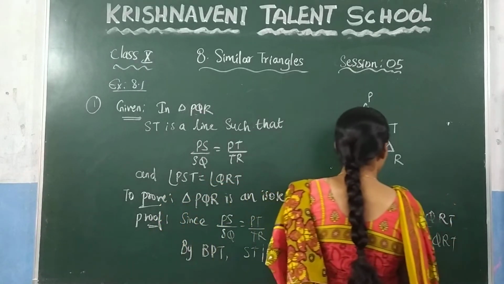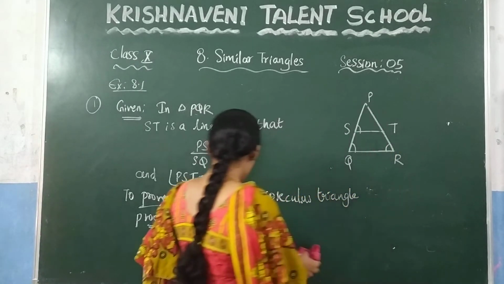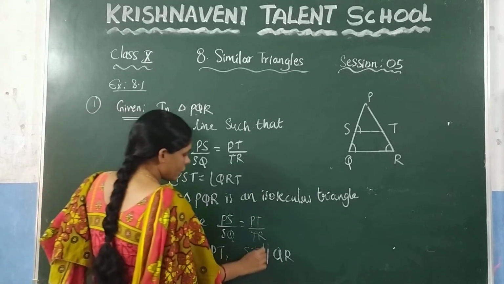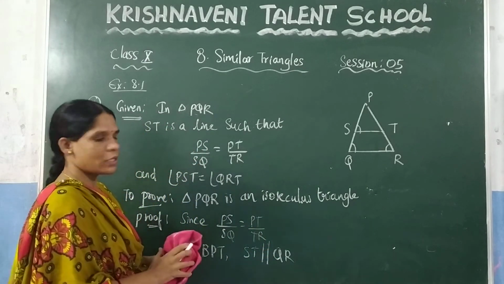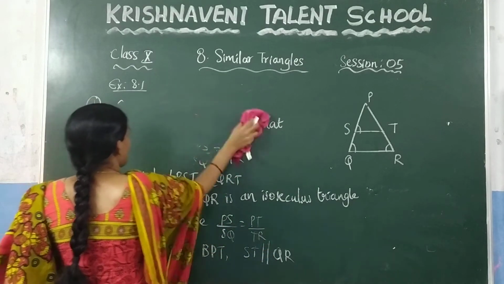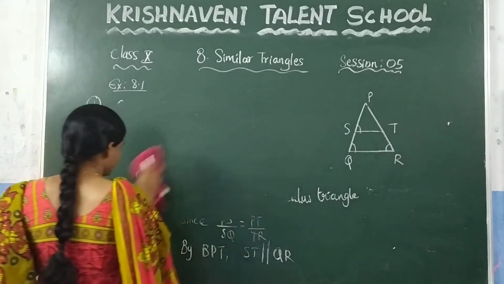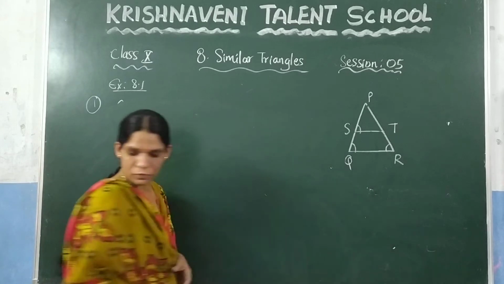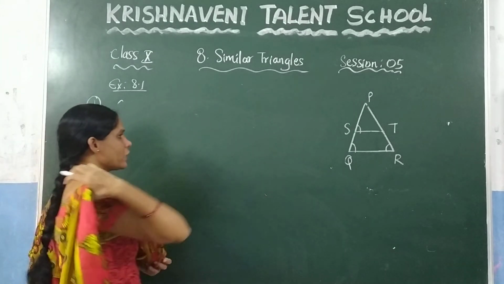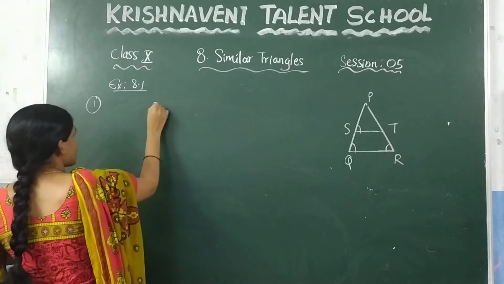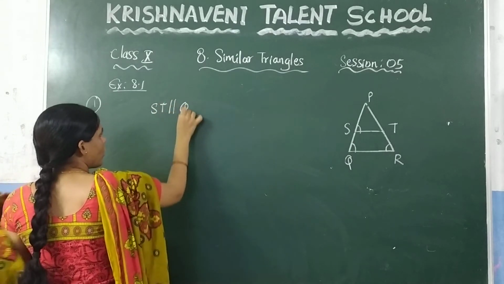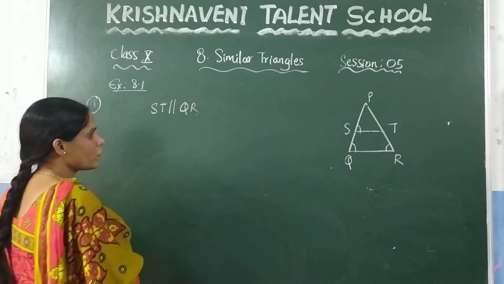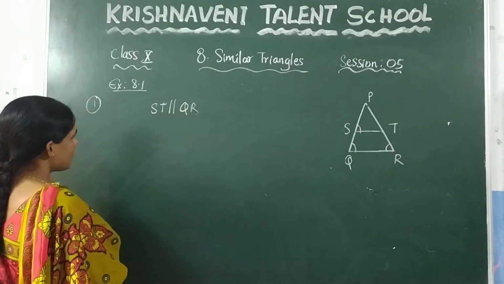Now let us write the proof of this one. Up to where we have written ST is parallel to QR. So here I am rubbing this one. So what we got here is ST is parallel to QR. If ST is parallel to QR, what can we say about PQ, which is nothing but the transversal.